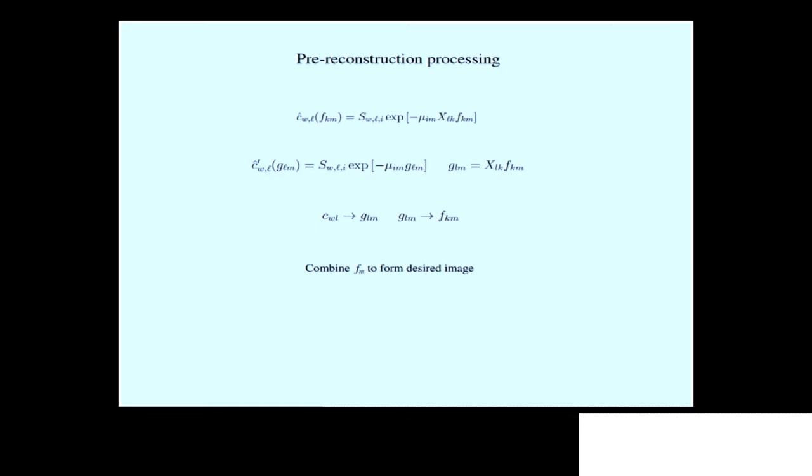We're just going to write the counts as a function of the material sinograms, where a sinogram is essentially the collection of line integrals through the material maps, all right? So we're going to go from counts to line integrals, and then once we have the line integrals, we're going to do our favorite reconstruction algorithm, all right?